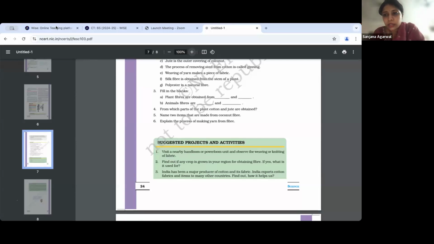After maturing, the bolls burst open, B-U-R-S-T, and seeds covered with cotton fibers can be seen.